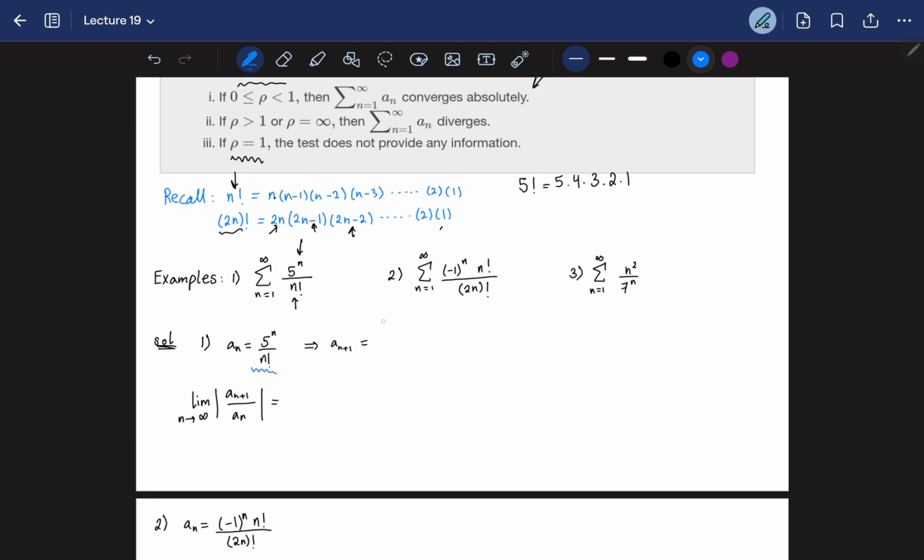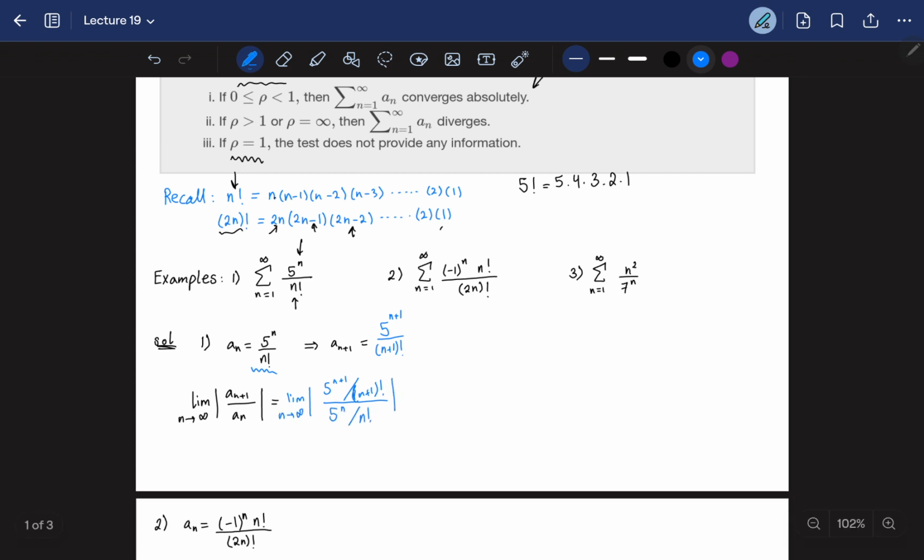My a_(n+1), you substitute n plus 1 instead of n. And now we're going to divide a_(n+1) over a_n. So now I have the limit of 5 to the n plus 1 divided by (n plus 1) factorial, over 5 to the n over n factorial.